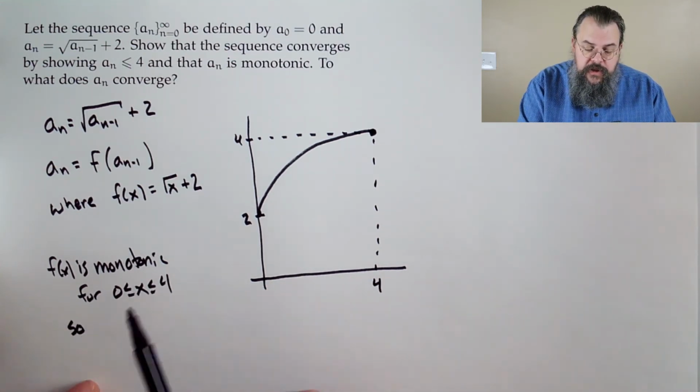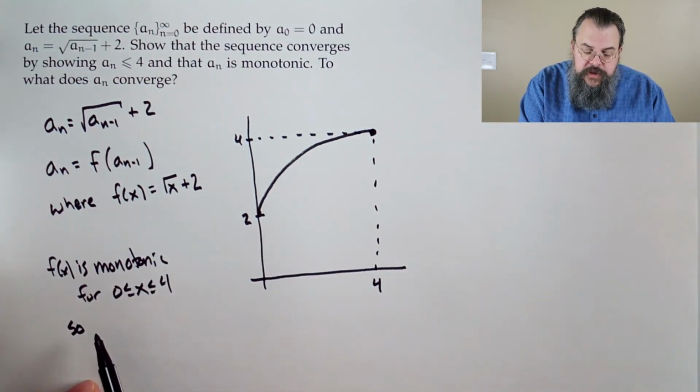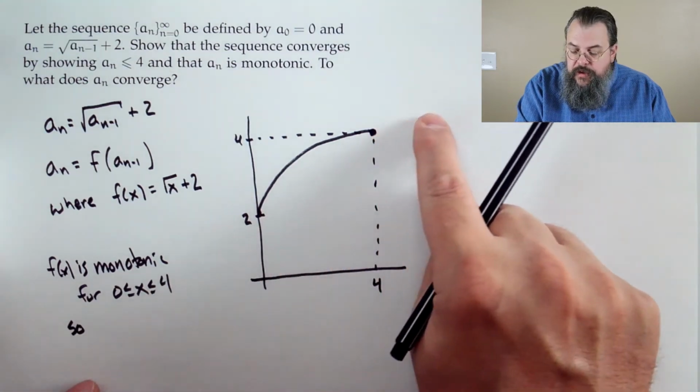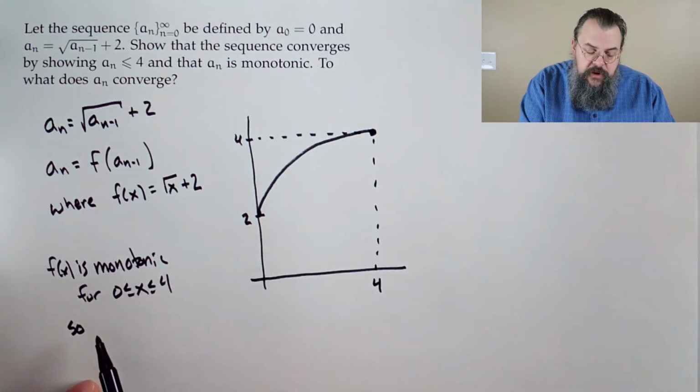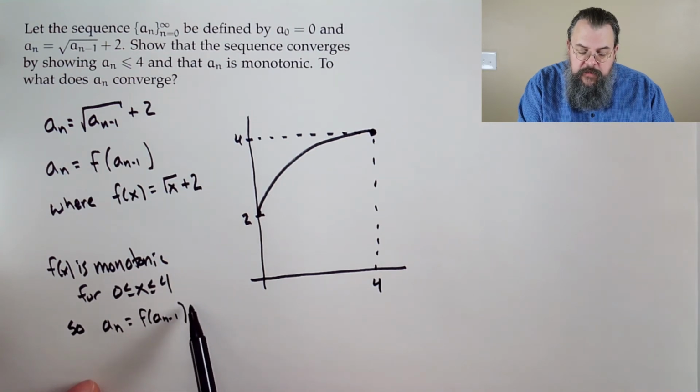In fact, it's true for any x because it always keeps going up. So that says a sub n, which is our function of a sub n minus 1, has to be greater than or equal to a sub n minus 1.